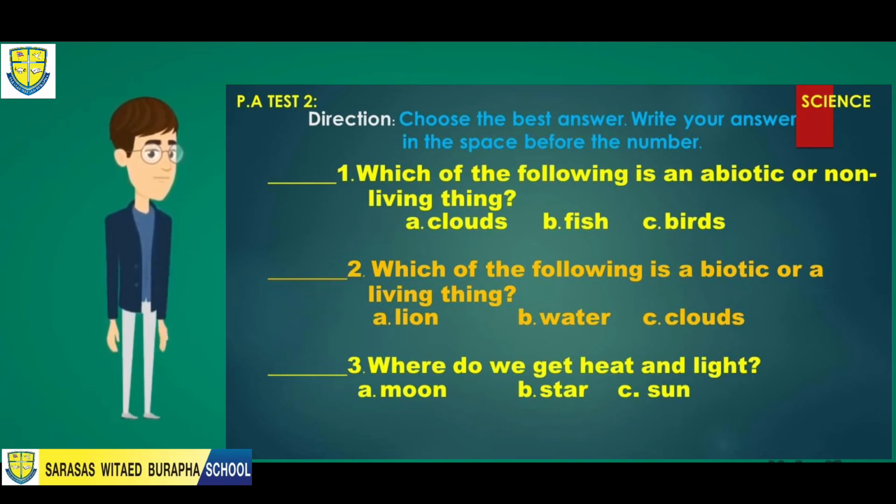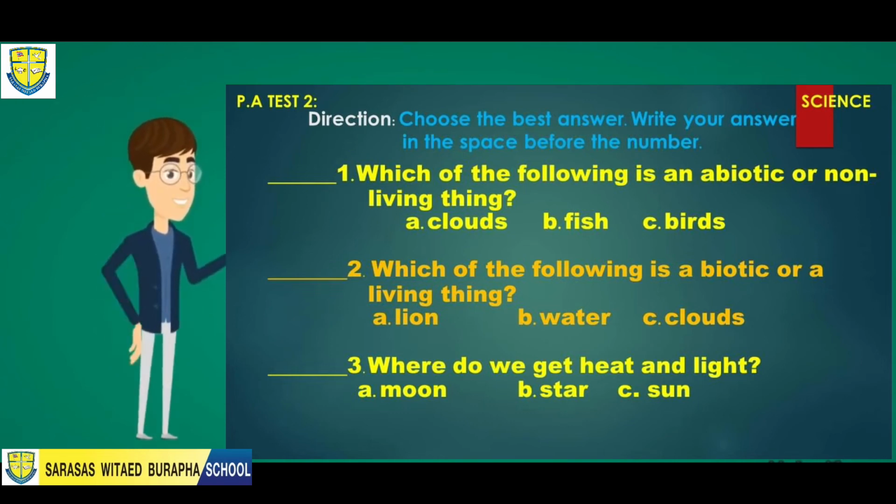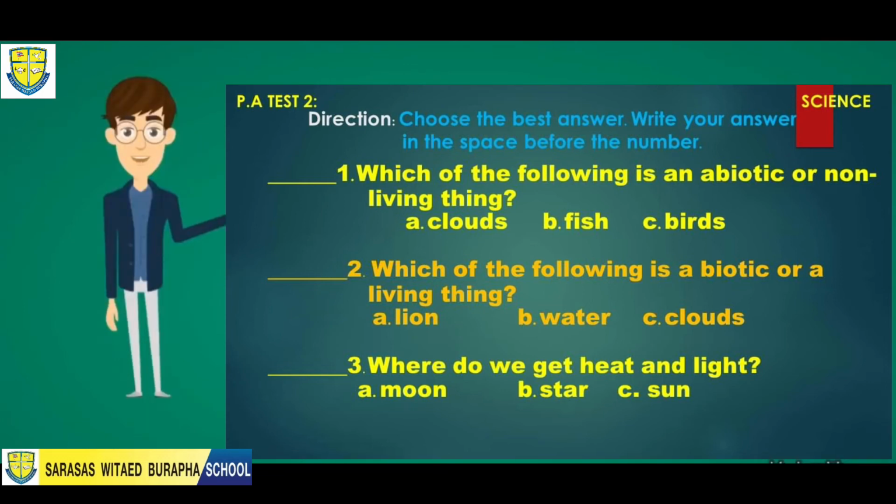Number 2. Which of the following is abiotic or a living thing? A. Lion. B. Water. Or C. Clouds. Number 3. Where do we get heat and light? A. Moon. B. Star. Or C. Sun.